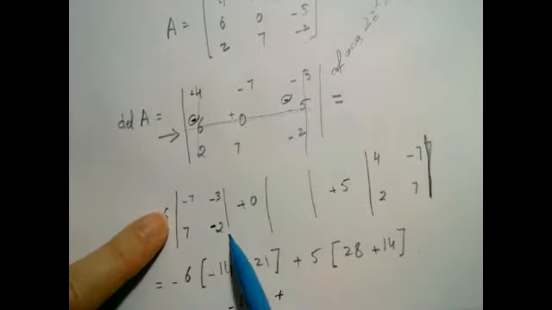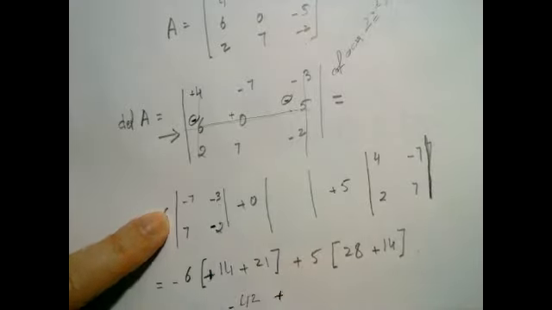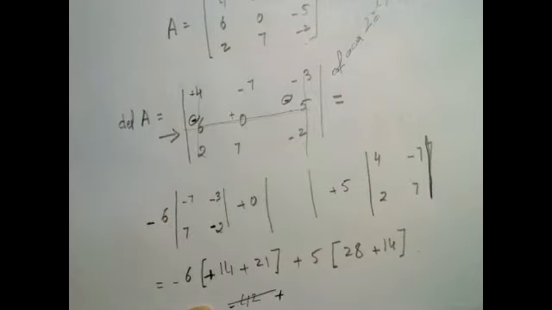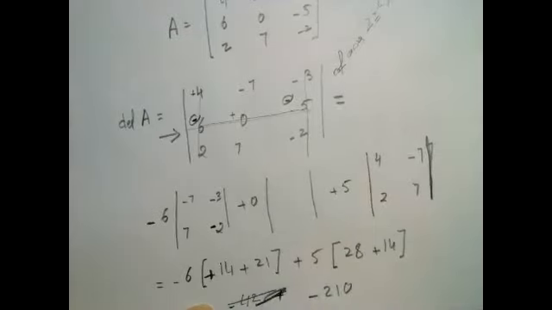So that's going to give me minus 14 minus minus, going to give me plus 14. And this is going to give me 14 plus 21, so plus 21 times minus 6. So it's going to give me minus 210.